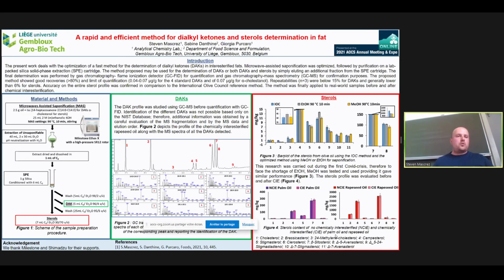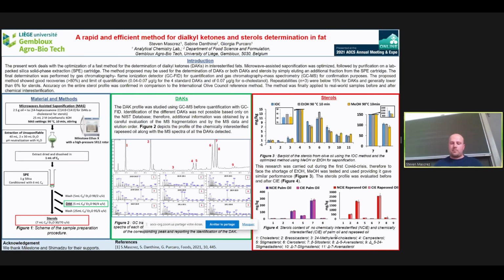As a reference to compare our method, we used the International Olive Oil Council method for the quantification of the sterols. In this method, especially the one for the Dialkyl ketones, the use of solvent is huge and it's time consuming, so it's not possible as a routine analysis, and it's also not very green. So our goal was to decrease the time and the solvent.